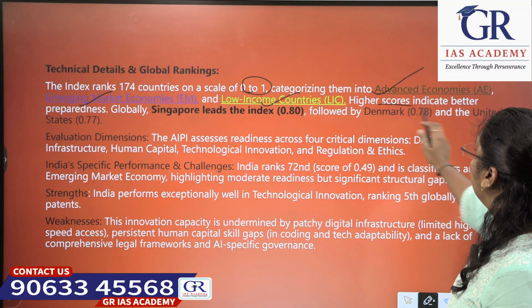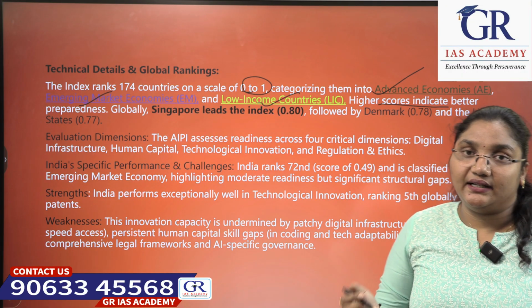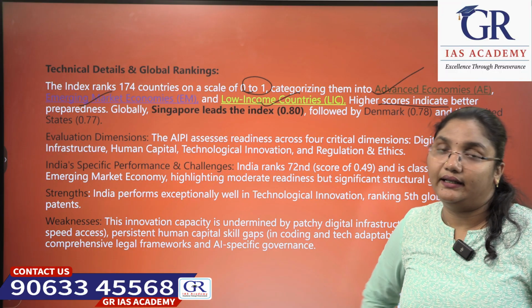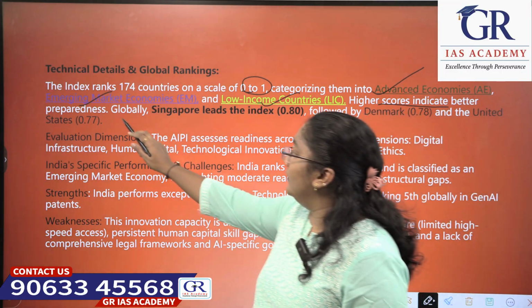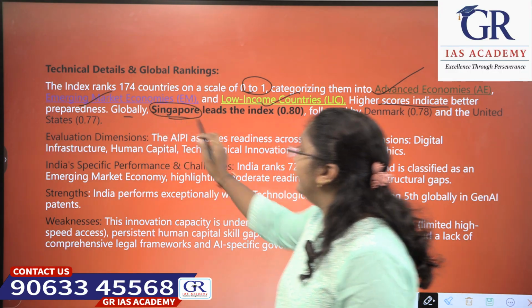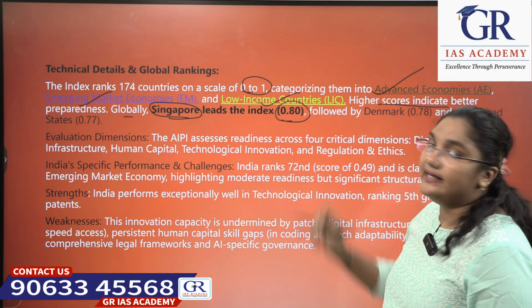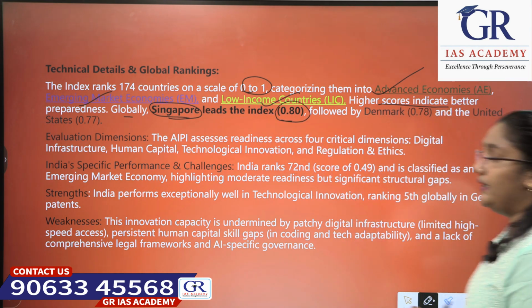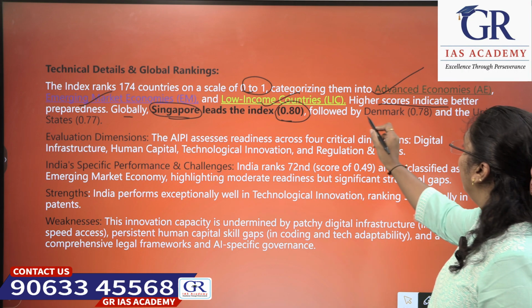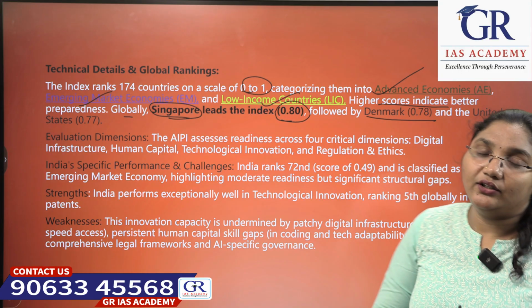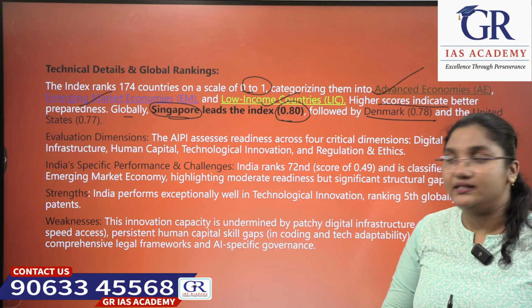Higher scores indicate better preparedness for all the AI technologies. Globally, Singapore ranks first. Singapore leads the index with 0.80, followed by Denmark with 0.78 and then the United States with 0.77.